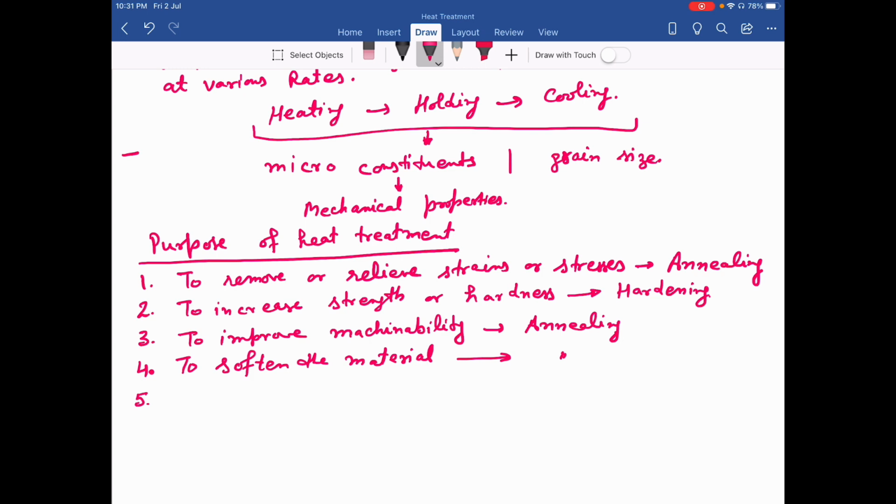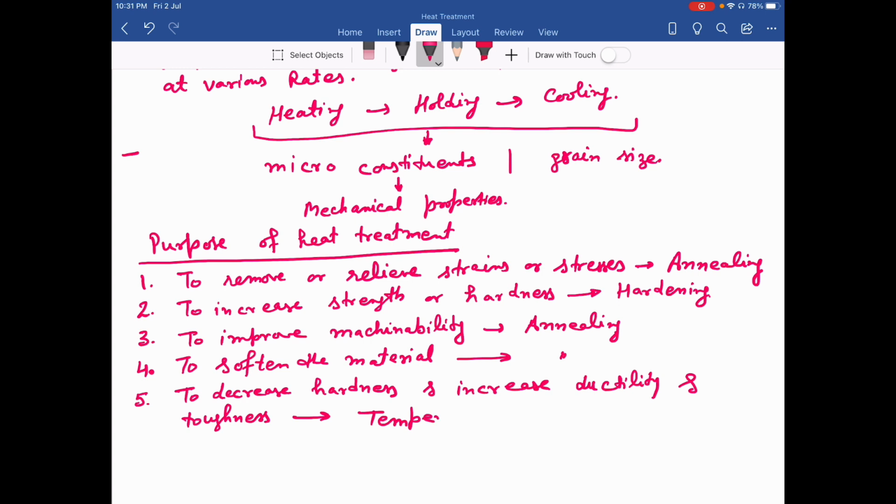Another purpose of heat treatment is to decrease hardness and increase ductility and toughness. Okay, so this we can do with the help of tempering process. Another purpose is to improve the cutting properties of tools. That we can do with the help of hardening.